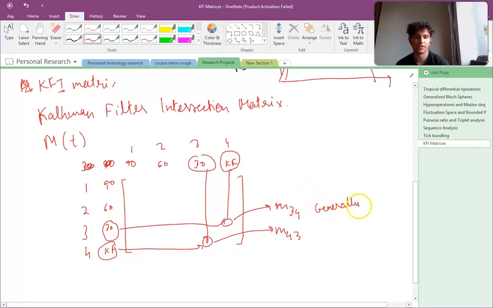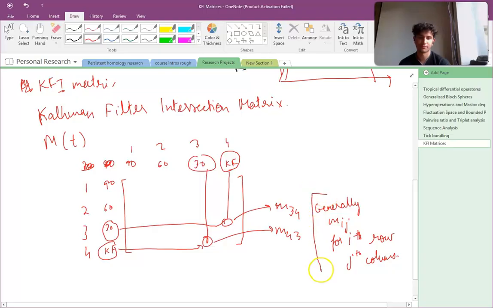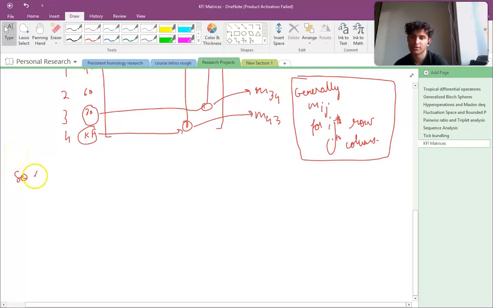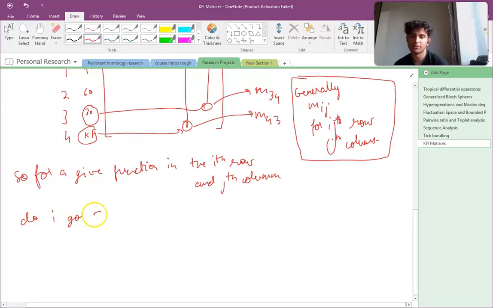So it will be Mij or Mji. Now, for a given function in the ith row and jth column, do I go to Mij or Mji?